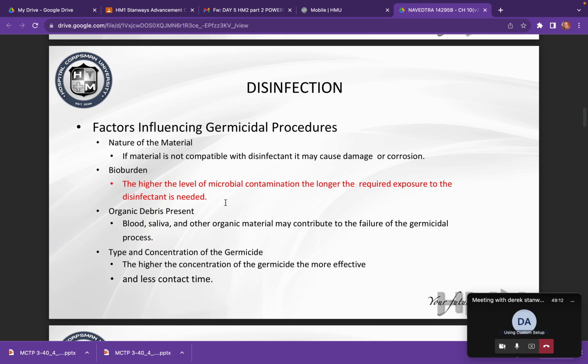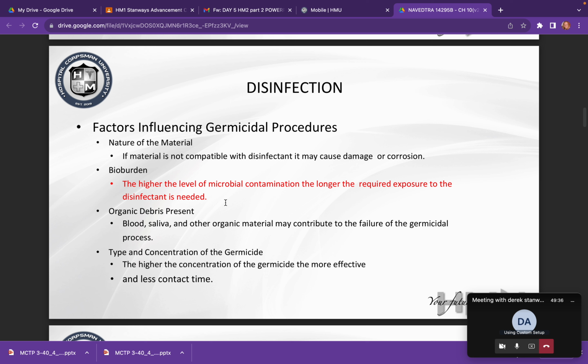Usually I like to tell this to people who don't know sterilization, because I like to relate it to something you do know. I want you to think about washing dishes. Say you have food on your dishes in the dishwasher. What is the probability that all that food is going to be removed from the dish when the dishwasher load is done? Slim, right? Now, if you rinse off that plate and make sure everything is off of there before you put it in the dishwasher, what are the chances that it's going to be clean by the end of the cycle?